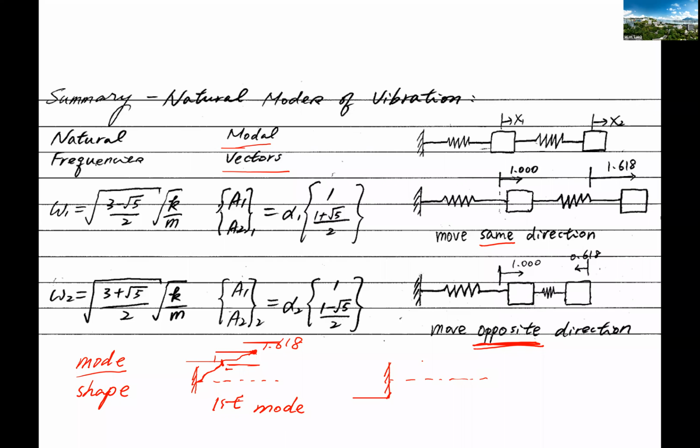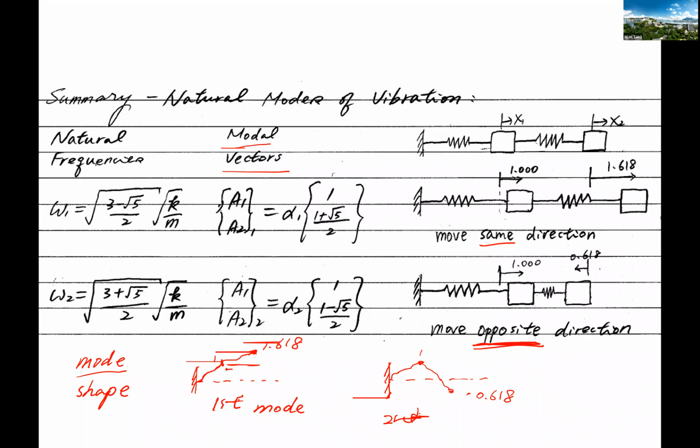And then we have 1, which is still 1 for M1. However, in this case, for M2 it will be negative, so it'll be below this line, minus 0.618. Okay, it's negative. If you connect it, it'll be a straight line, and connect these 2 points with another straight line here. So this is the second mode.